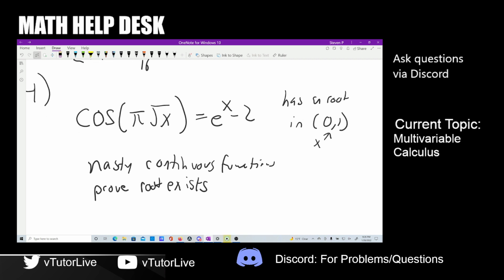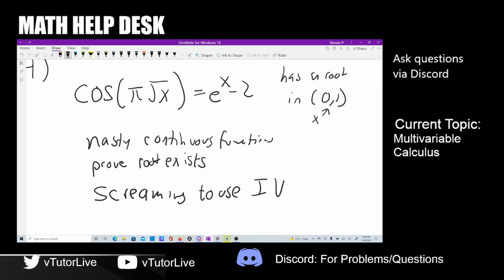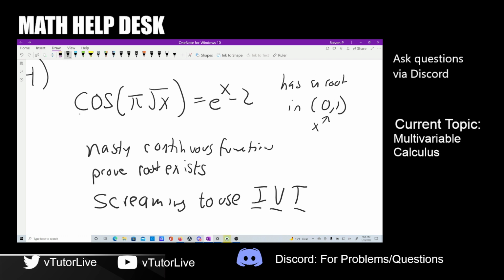There should be one technique in particular that this kind of problem is screaming for you to use. Is it the IVT? Exactly, the intermediate value theorem. For this kind of problem, cosine pi root x is continuous in the interval, e to the x is continuous in the interval, and the constant function 2 is also continuous in the interval, so everything's continuous.